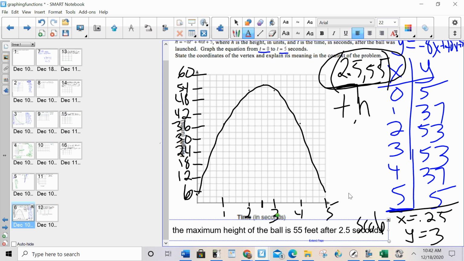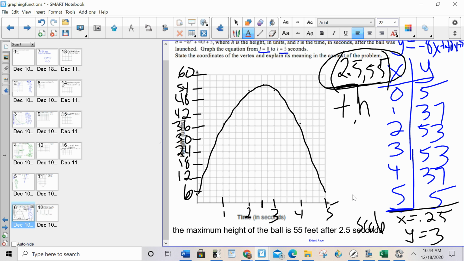When they ask about the vertex, what it means in the context of the problem, make sure you're telling me that it's the maximum or the minimum, whatever it is. The significance of the vertex is that the maximum height of the ball is 55 feet after 2.5 seconds. This is actually an Algebra 1 question. It's a very common Algebra 1 question, but stuff like this comes up in Algebra 2 as well.